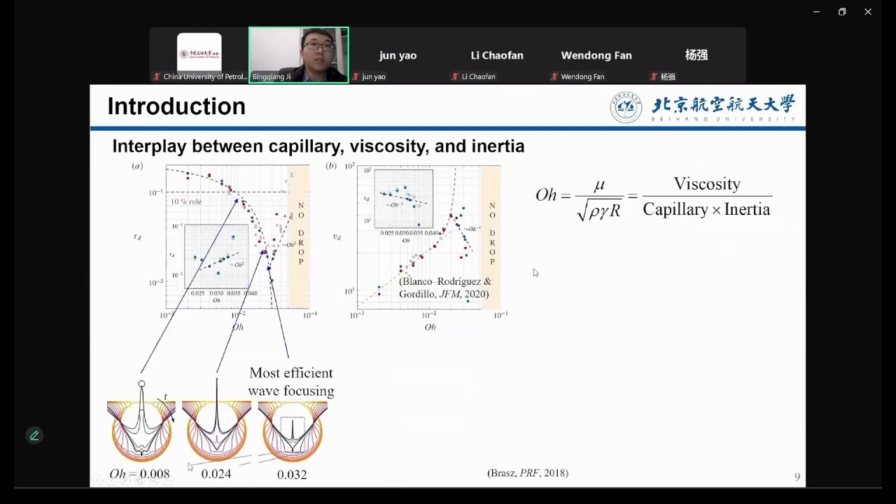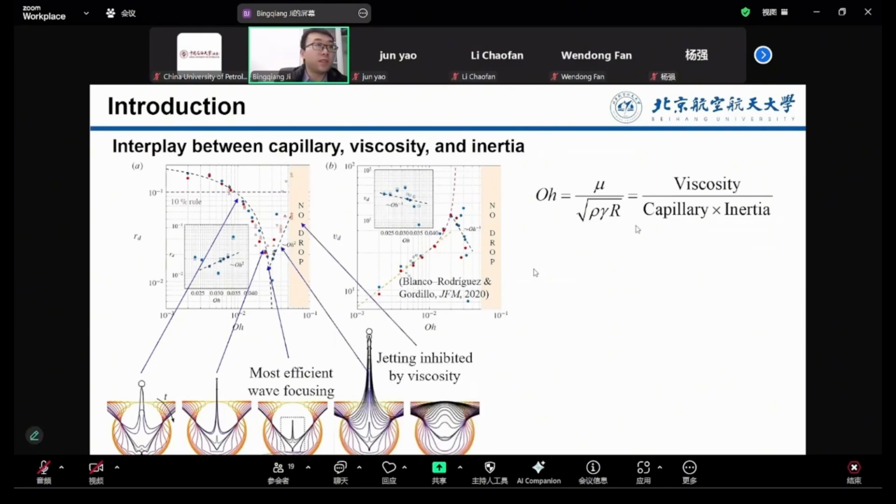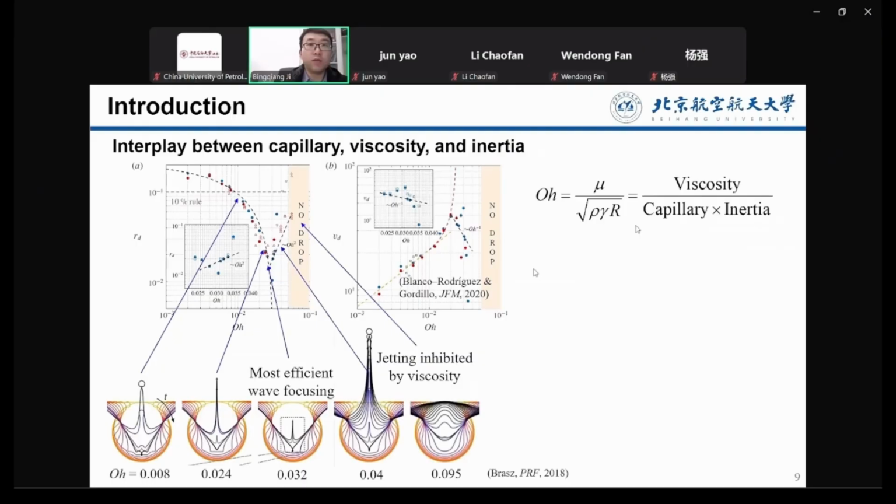singularity. The simulation also showed a similar trend with increasing Ohnesorge number or viscosity. You can see the small capillary waves damp more, making the capillary flow focus at a small scale and yielding a thinner and faster jet. It reached the most effective wave crossing at an Ohnesorge number of about 0.03.